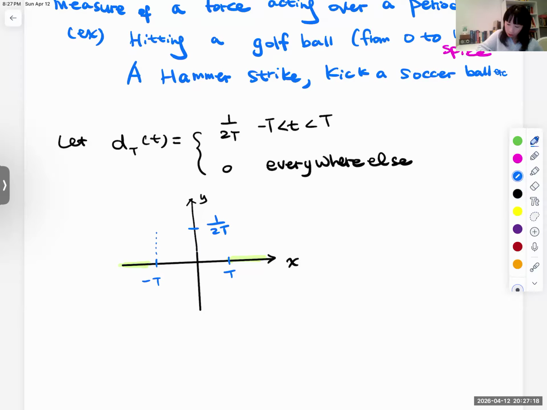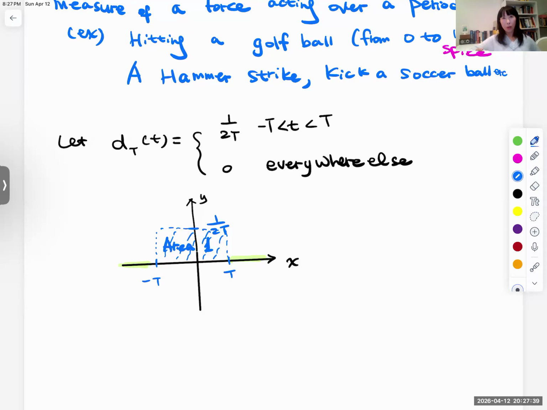All right, so this area doesn't look like a square, but we pretend it is. So the area is equal to 1. Let me show you why.